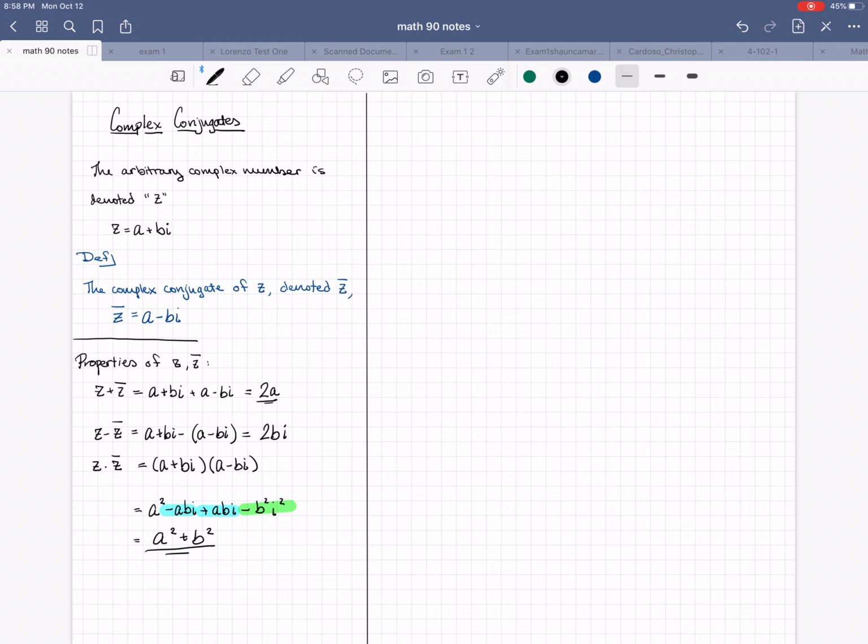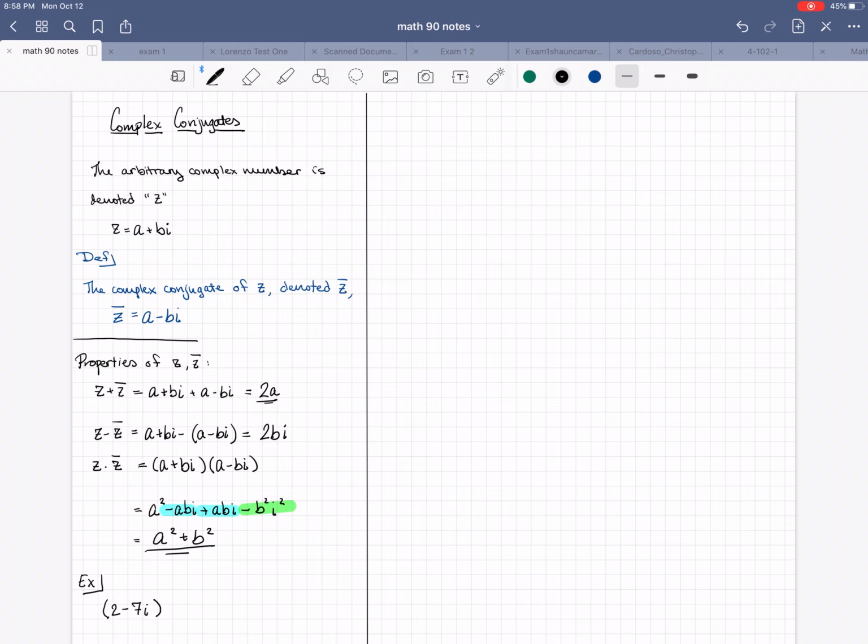So let's do a real small example here. This would be another great place for you to pause the video and see if you're with me. If I take the complex number 2 minus 7i, what is the complex conjugate of that number?